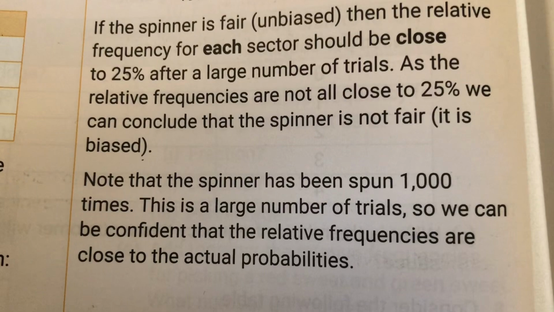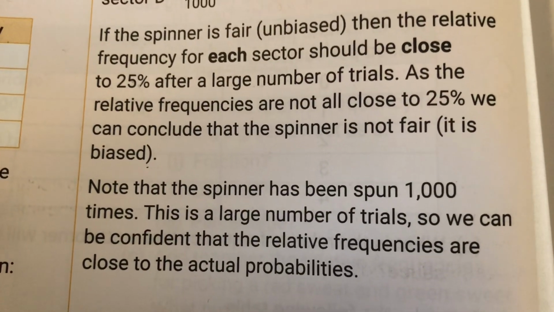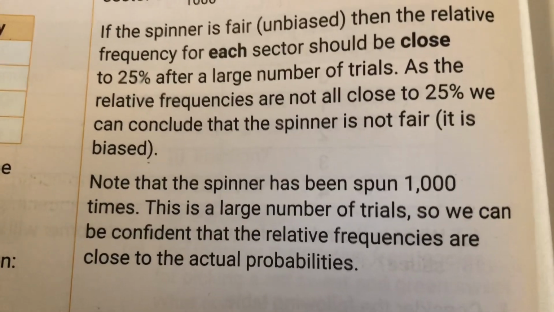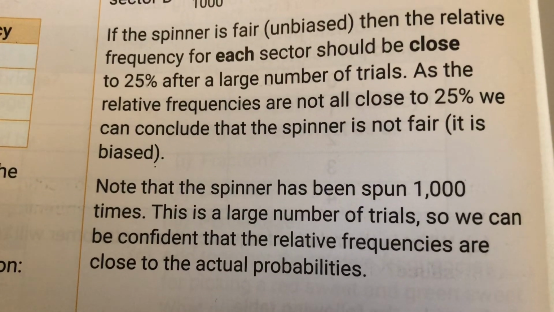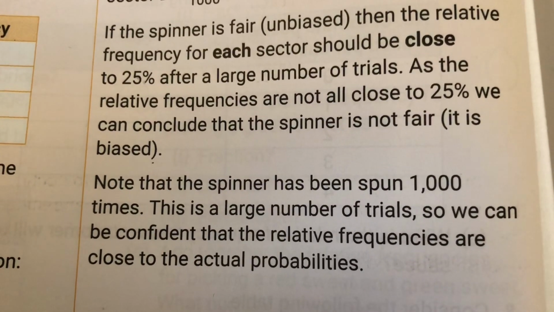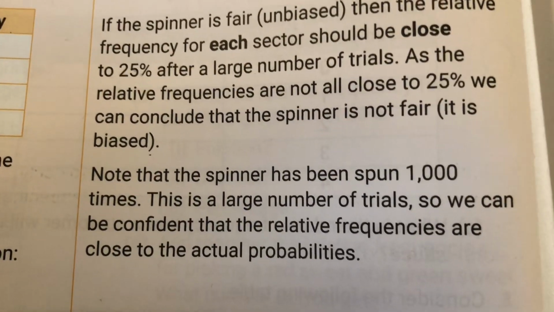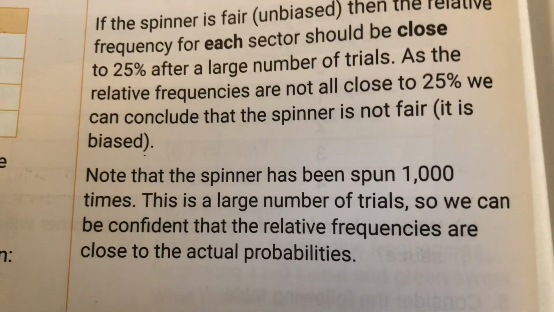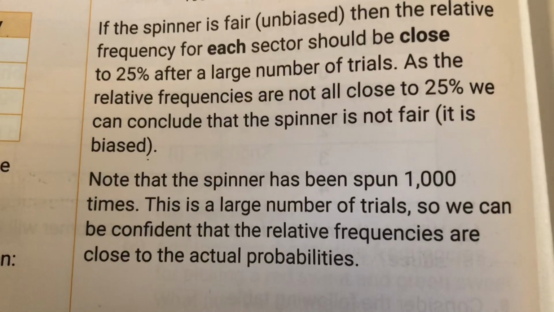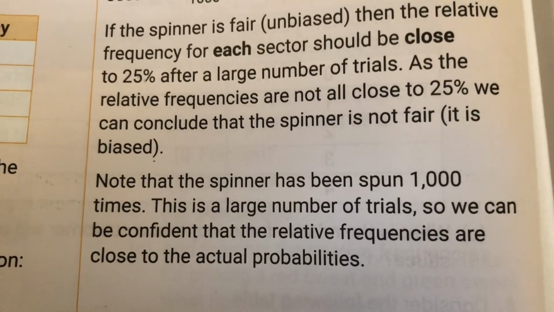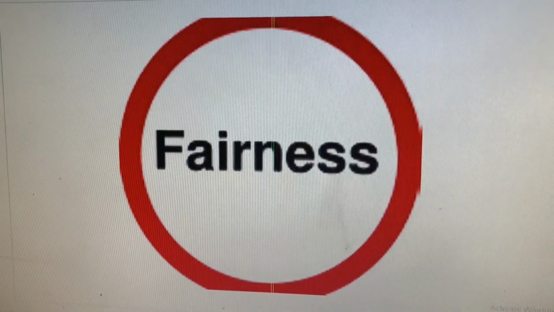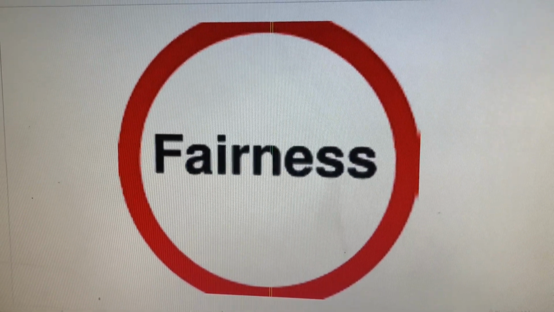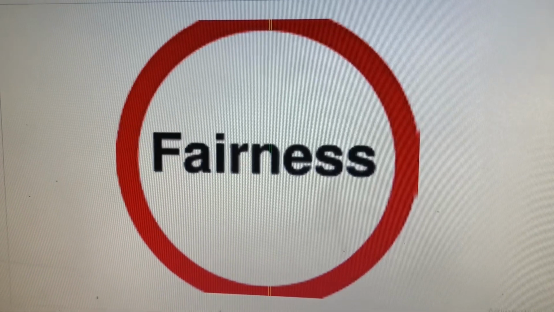As the relative frequencies are not all close to 25%, we can conclude that the spinner is not fair. Note that the spinner was spun 1,000 times. This is a large number of trials, so we can be confident that the relative frequencies are close to the actual probabilities.